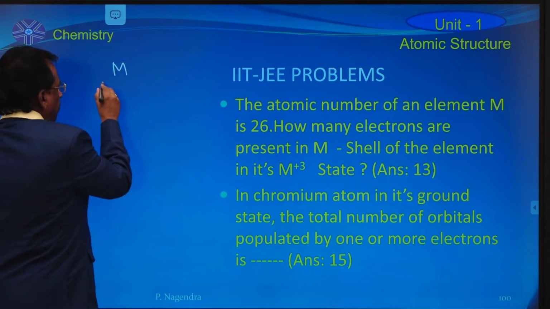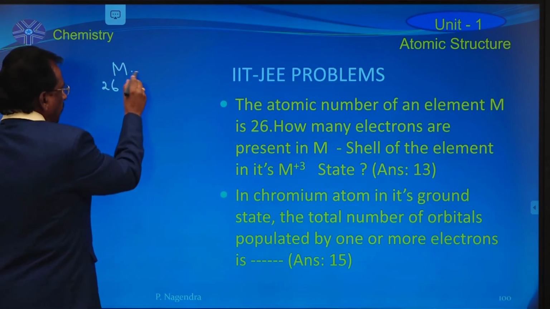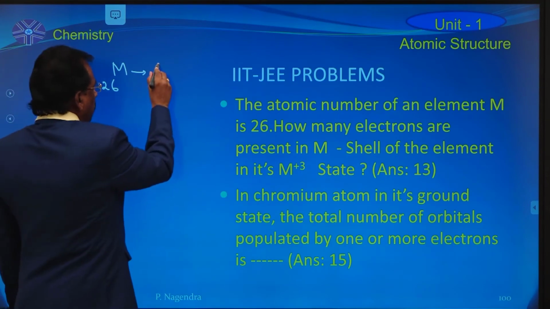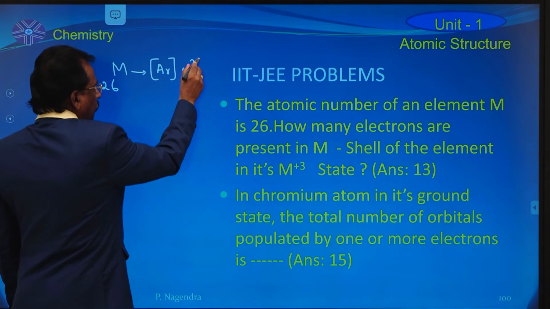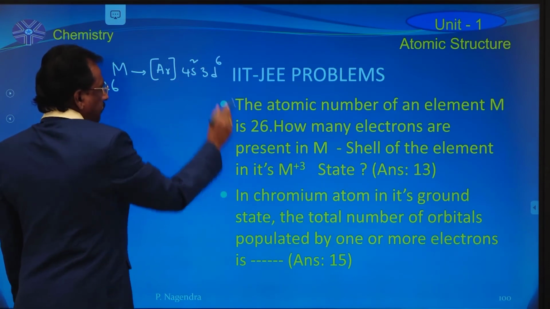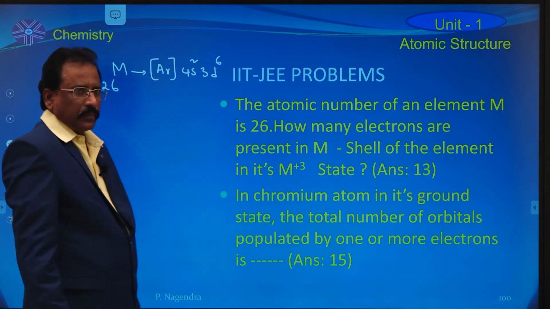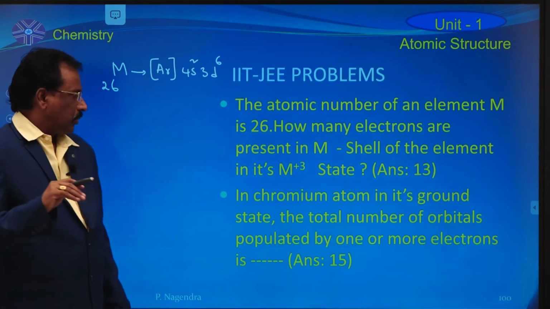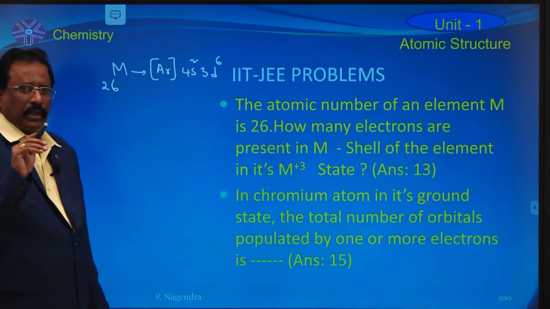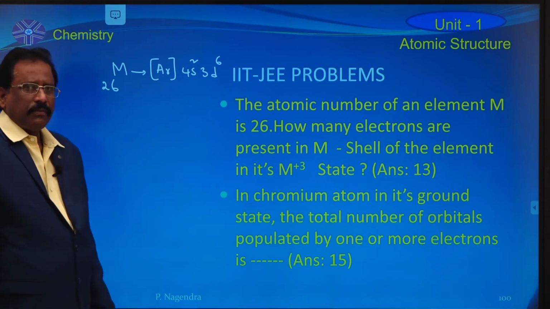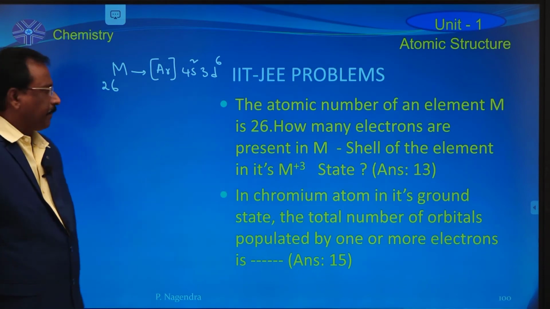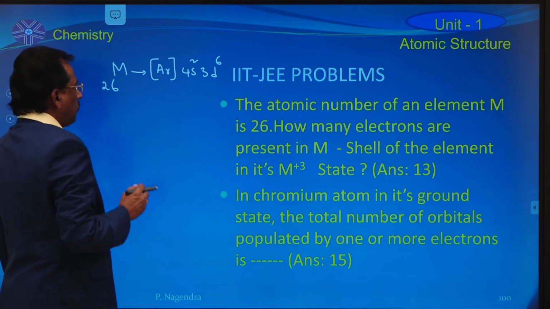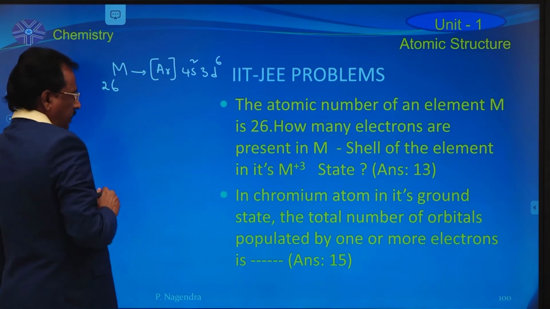The element's atomic number is 26, indicating its outer electronic configuration is argon 4s2 3d6. It is already known to you how to write the electronic configuration of first transition series elements in the long form periodic table. 26 is nothing but iron. Now its outer configuration is 4s2 3d6.